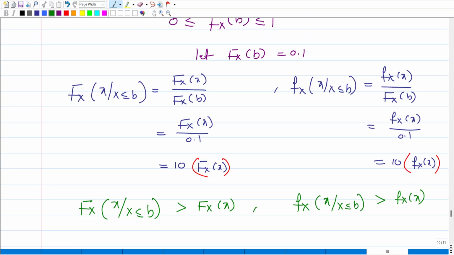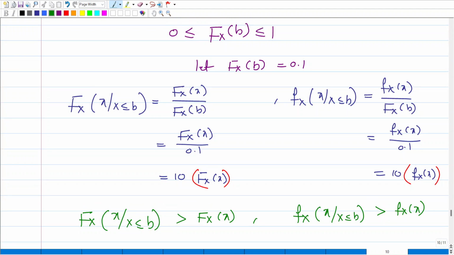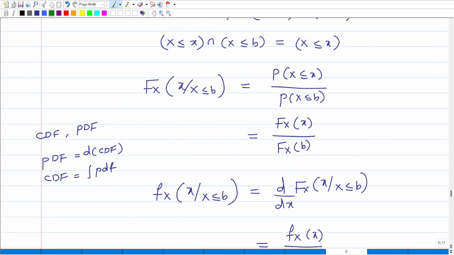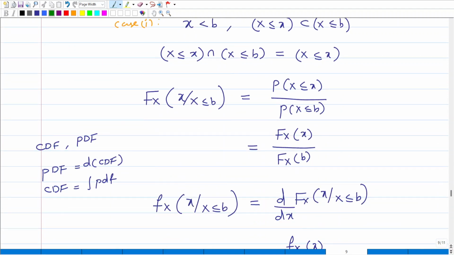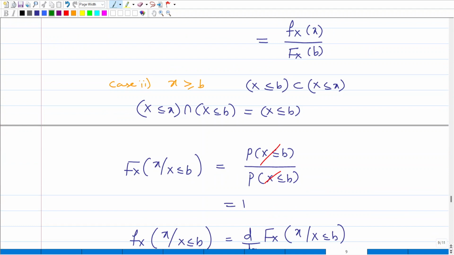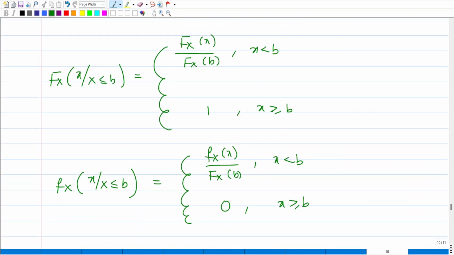So this is about methods of defining a conditional event, and we have discussed the first method, where the event b is defined on the same random variable x. So we have derived the conditional distribution and conditional density function. Thank you.